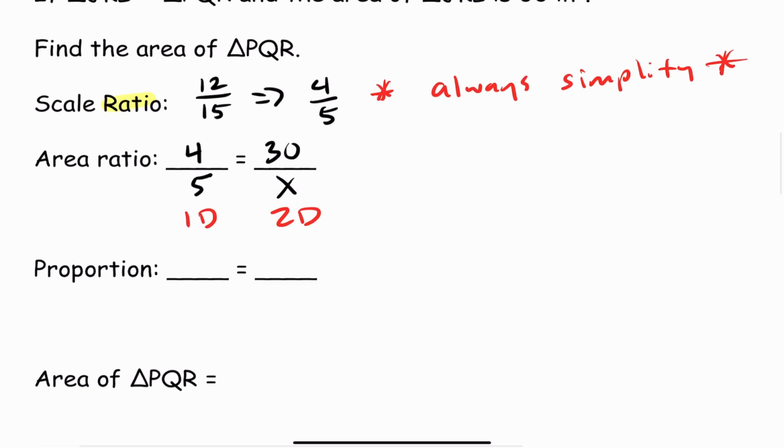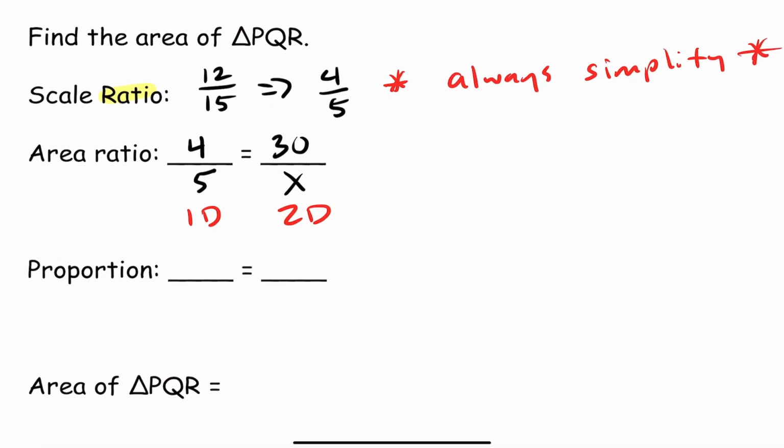This 4 over 5, which is my main character, yes? Since it's one-dimensional, I actually can square both the 4 and the 5 to make it two-dimensional. Okay? So that 4 squared is now going to become 16, and that 5 squared is going to become what? 25 equals 30 over x, right?